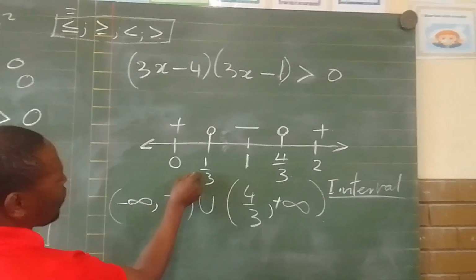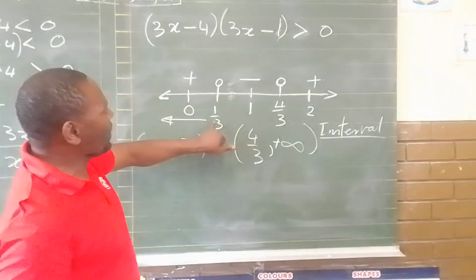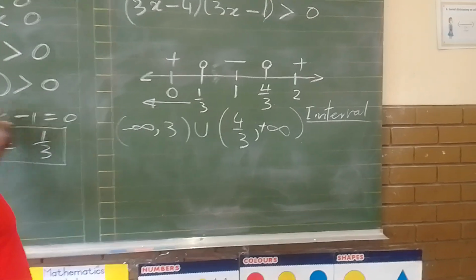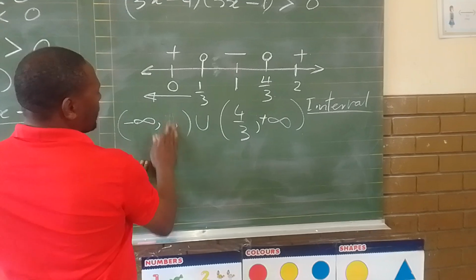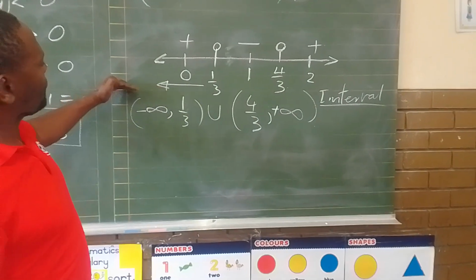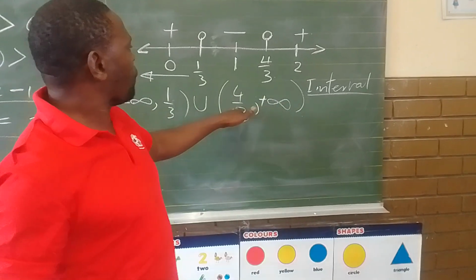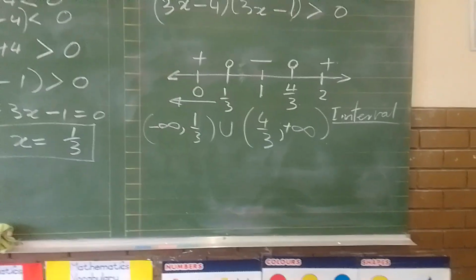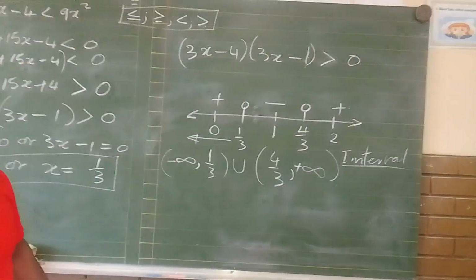The x must go from negative infinity to 1/3. Oh, sorry, this is not 3, it's 1/3. Negative infinity to 1/3 and 4/3 to positive infinity. That is the interval notation. Then you have solved your x.